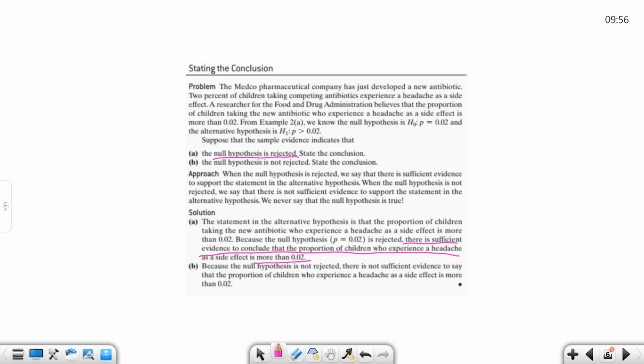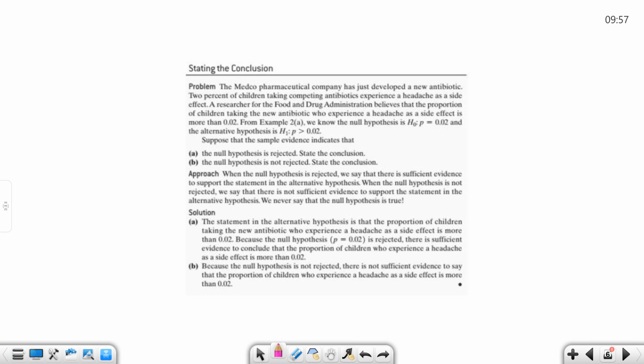That's what happens if you do this process and you decide to reject the null hypothesis: it's because you got sufficient evidence for H1, the alternative hypothesis, okay? All right, so look at B. The null hypothesis is not rejected.